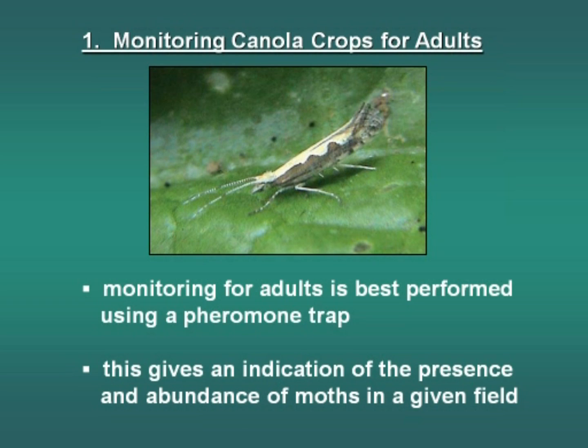It's picked up by air currents and carried downwind so that males can follow the odor trail back to the female and mate with her. Remember, they mate at night, so they can't necessarily see each other. So chemical ecologists, I should say, have been able to synthetically prepare pheromone and use it as a monitoring tool by trapping adults. And it can give an indication of the abundance of moths in a given field.